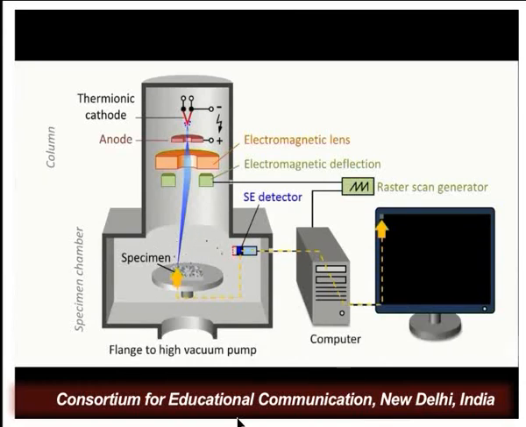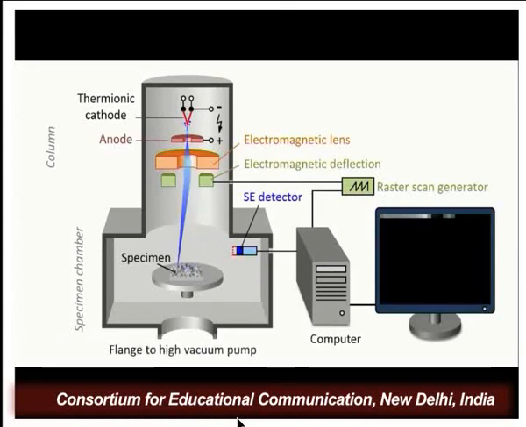Now you see in the diagram how the beam can be deflected by using the electromagnetic deflector, controlled from the computer screen. So you see that this beam covers all the surface area of the specimen.